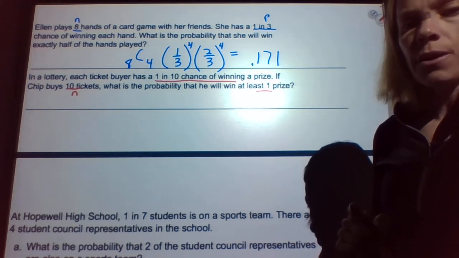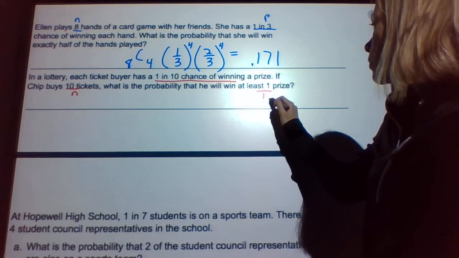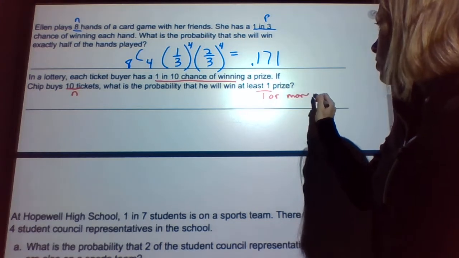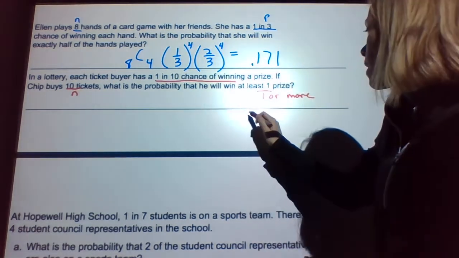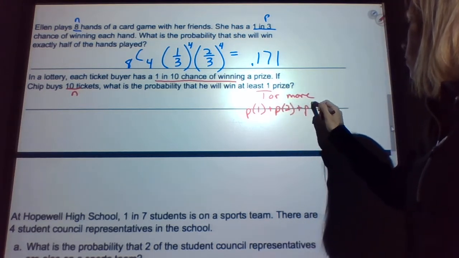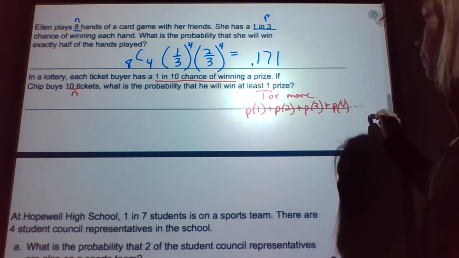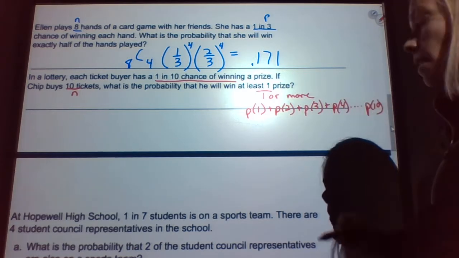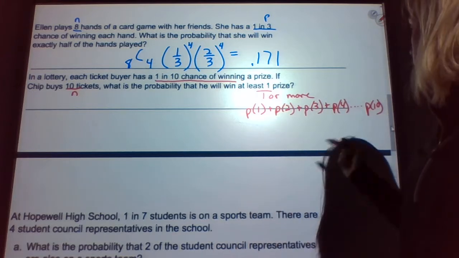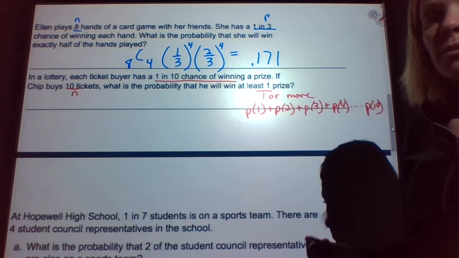If I wanted to figure out the probability of at least 1, that would mean 1 or more, which if I have 10 tickets, I would have to do 1, 2, 3, 4, all the way up to 10. That's 10 probabilities to calculate with a combination. That would be a lot of work.